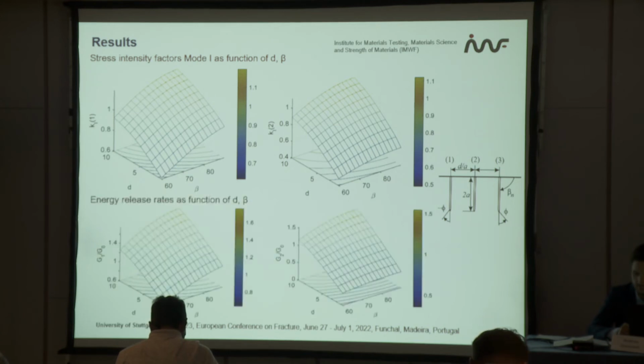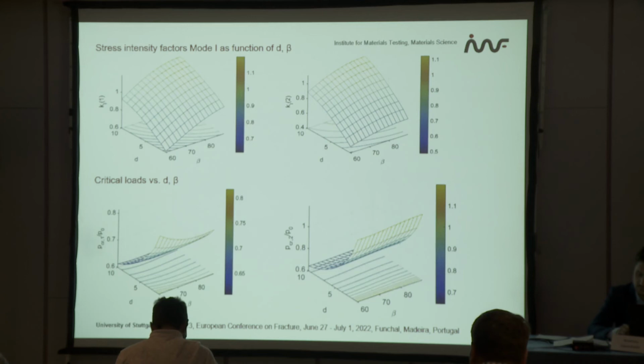Consider the energy release rate. It also contains Young's modulus as a function of depth of the layer. The behavior of these two values is similar, and both distance D and inclination angle beta have a big influence on these values.